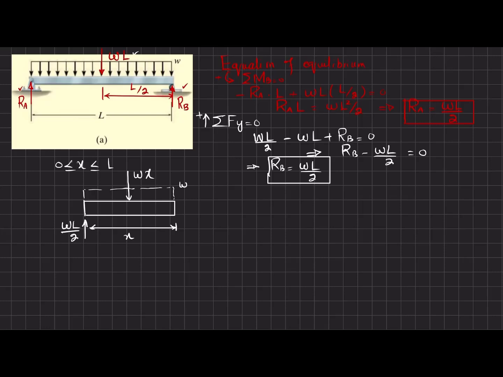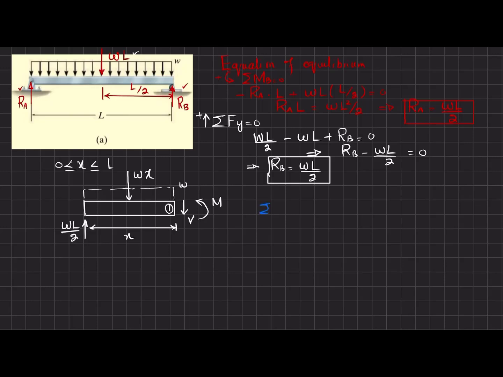When you cut it at any distance, there will be a shear force V and a reaction moment. Let this be M. So we'll find this shear force and bending moment.